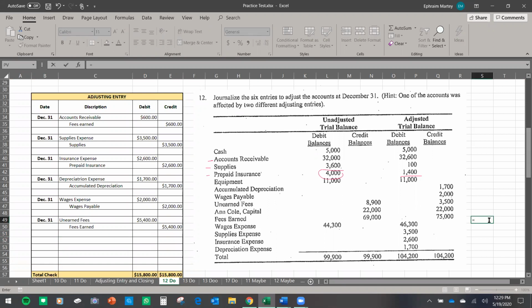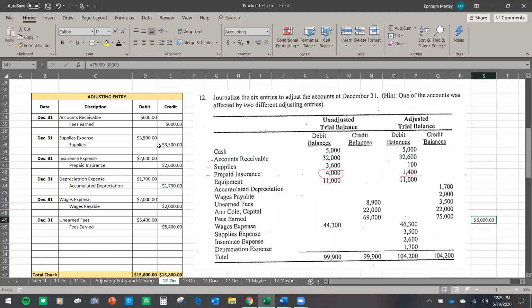So fees earned was 69,000, but it increased to 75,000. 75,000 minus 69,000. Okay, that means we earned 6,000 on fees earned. So fees earned increased by 6,000.